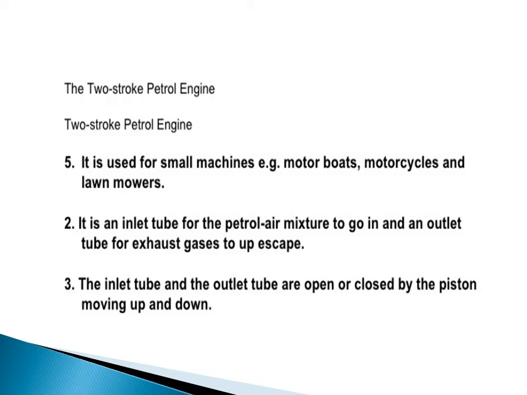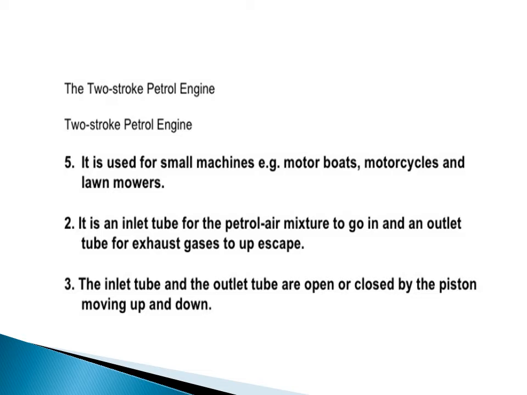So they have the inlet tube and the exhaust tube, meaning they have no valve. The inlet tube and the outlet tube are opened or closed by the piston moving up and down.